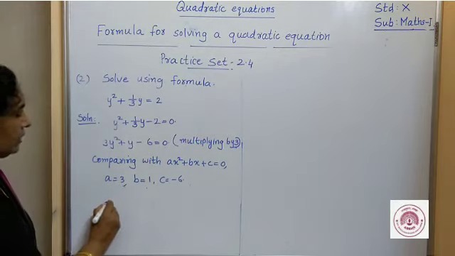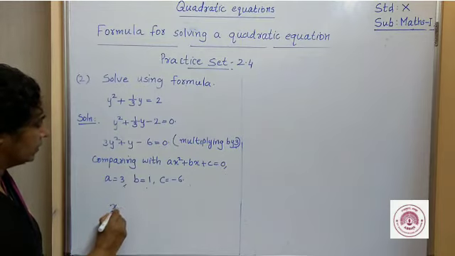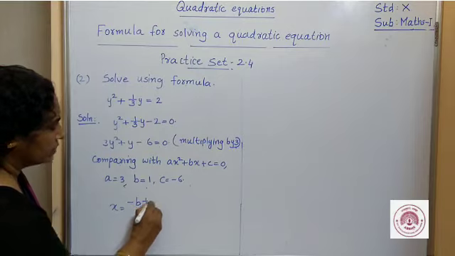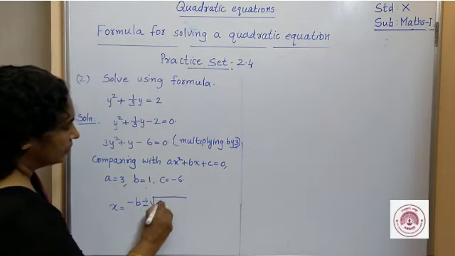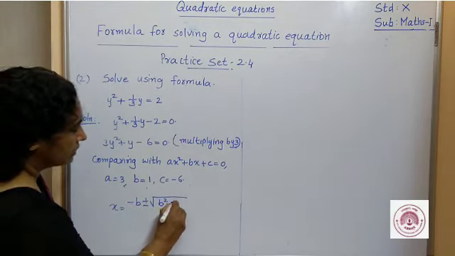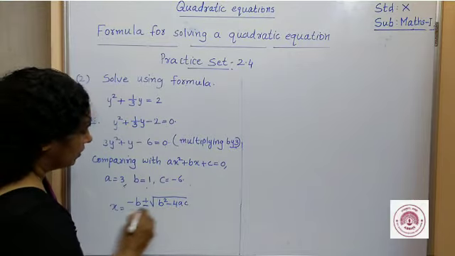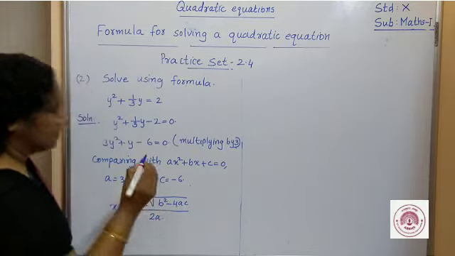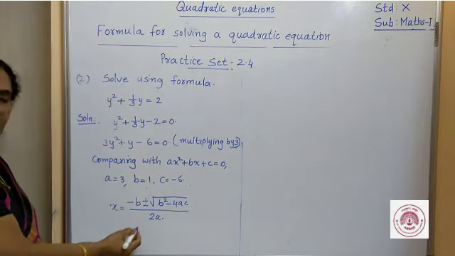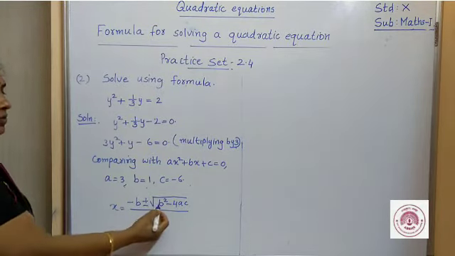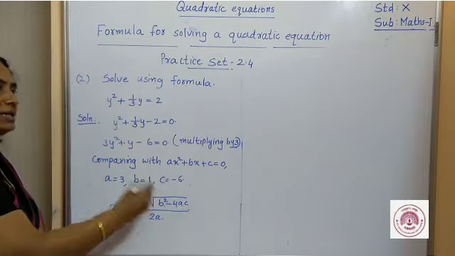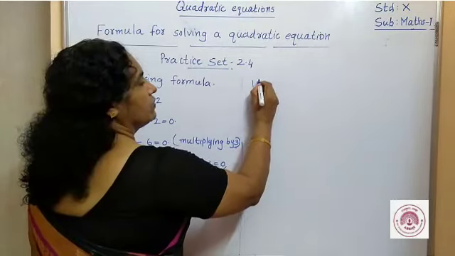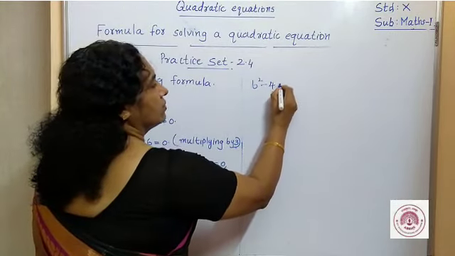Now writing the formula, x is equal to minus b plus or minus root of b square minus 4ac, whole divided by 2a. So instead of direct substitution, first we can find out b square minus 4ac and then substitute. So we'll find out b square minus 4ac first, which is the discriminant.